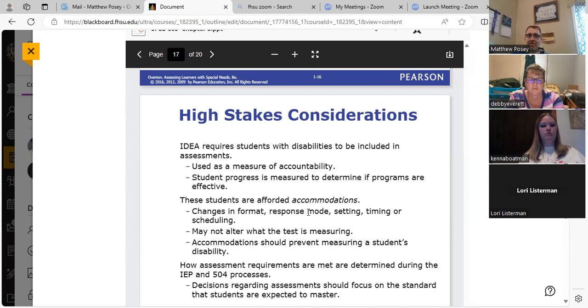We just cannot change what the test is actually meant to measure. We can get some accommodations for the setting or the time, but we don't alter what the test was intended to measure. Okay.